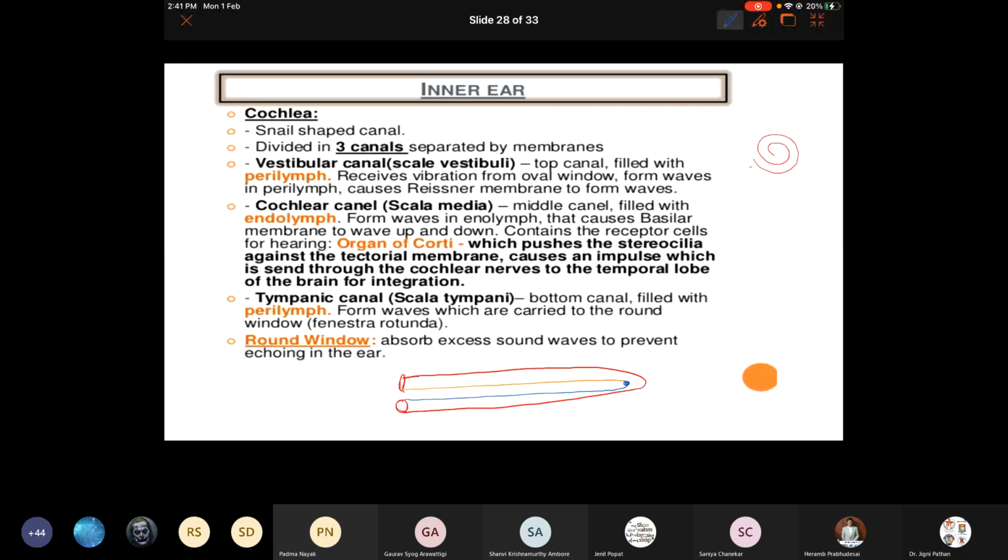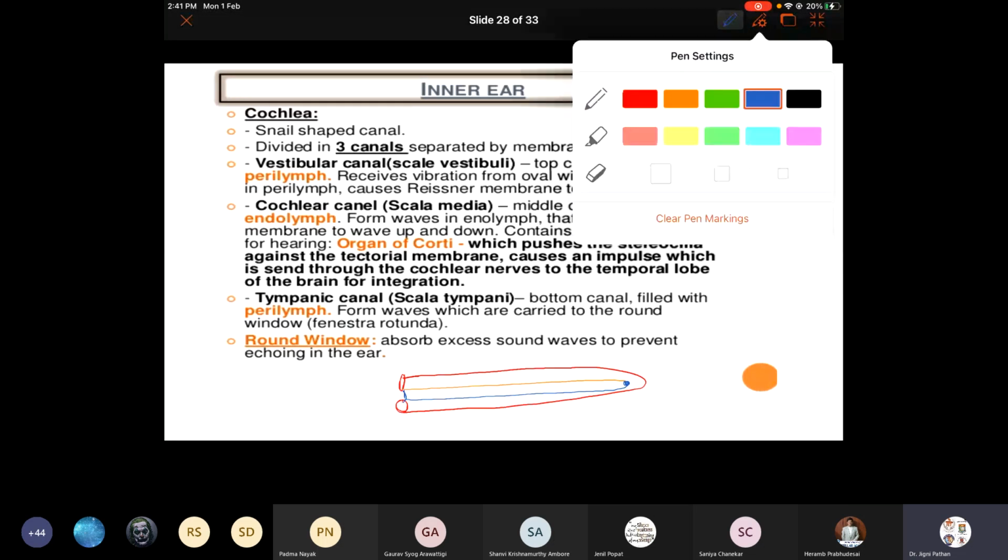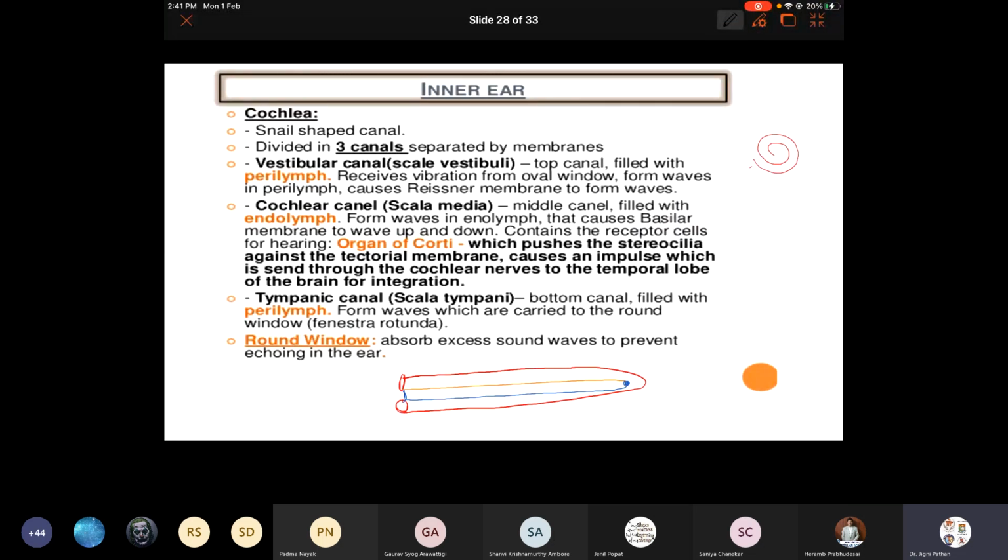Now listen. There are two membranes that divide this canal into three canals. The first membrane, the orange one, is Reissner's membrane. Write it down.